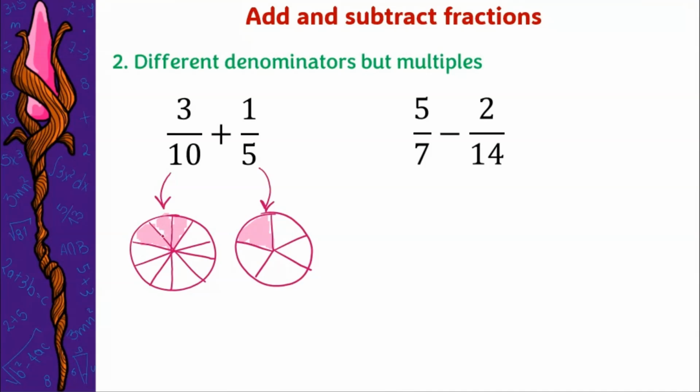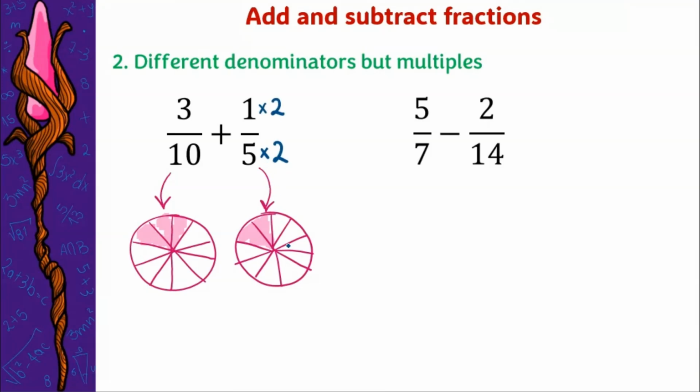It's like a double. So what we do is to find an equivalent fraction so they are going to have the same size. If I divide each piece in 2 parts, then I'm going to have the same size of the slices. With equivalent fractions, that means that we need to multiply by 2 these fractions.